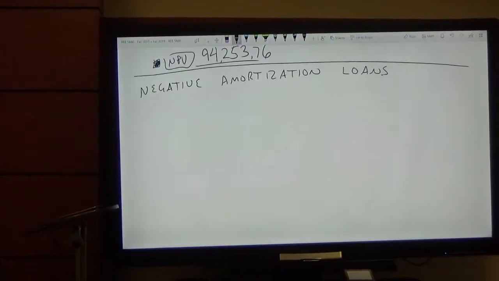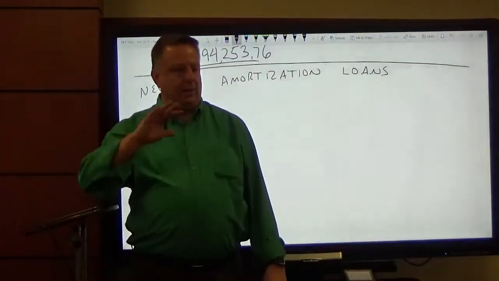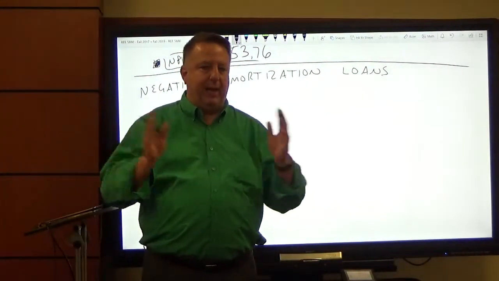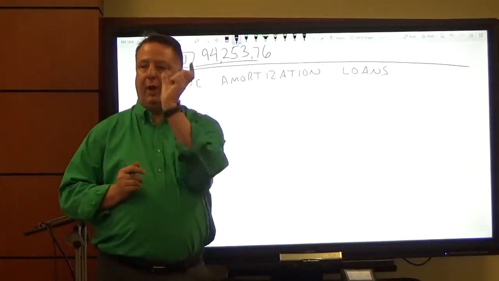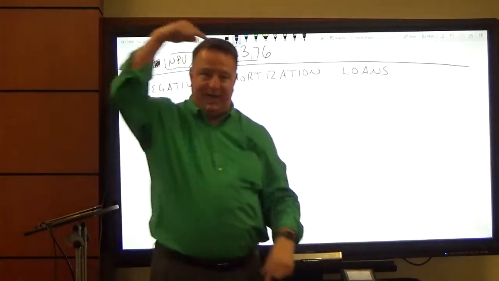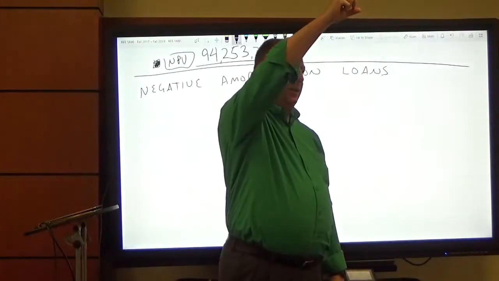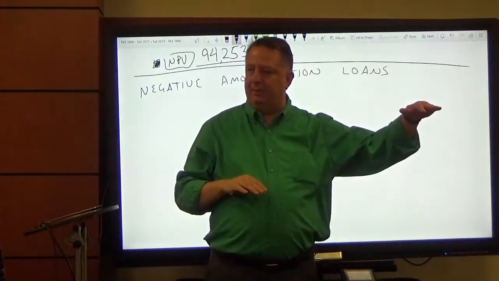And so what may happen is that they allow you to make that lower than normal payment for maybe 2 or 3 or 4 years out of maybe a 30-year loan. But now what has happened is your loan balance, instead of going down, is going up because you're not making payments sufficiently high to pay down the balance, okay?